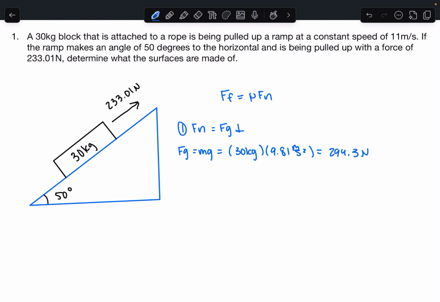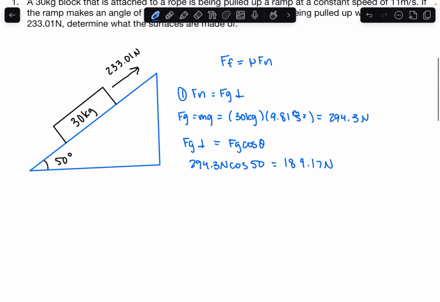Now we have Fg, we can solve for Fg perpendicular, which is Fg times cos theta. So 294.3 newtons cos 50, because it's 50 degrees, and this is 189.17 newtons. So this is also equal to Fn. Now we have Fn, we have to solve for FF.